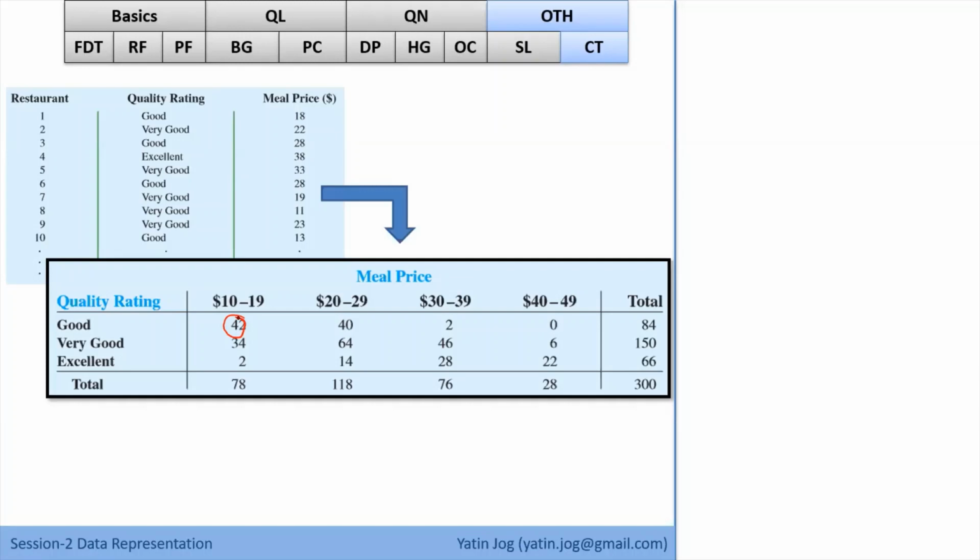So out of 300 restaurants, there are 42 restaurants with a good rating and serving food with an average meal price between $10 to $19. There are only two restaurants out of 300 with a good rating and serving food with an average meal price between $30 to $39, and so on.